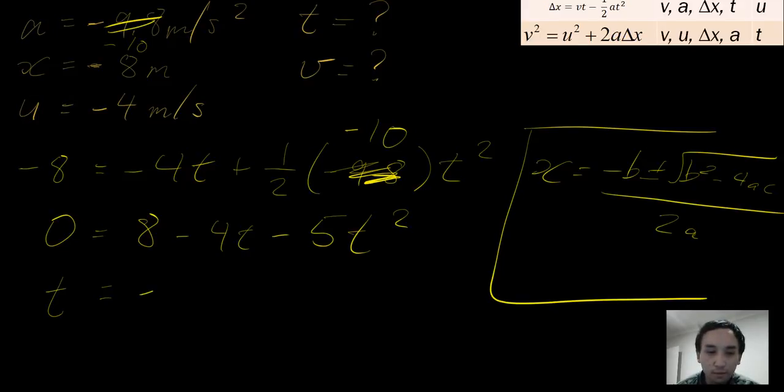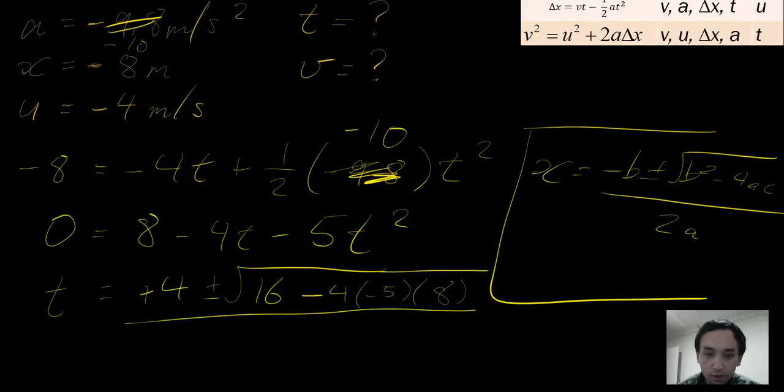So we're going to get positive 4 plus or minus the square root of b squared. So negative 4 squared is 16, minus 4 times a, which is negative 5, times c, which is 8. So that's our constant. All this is divided by 2a, so 2 times negative 5.